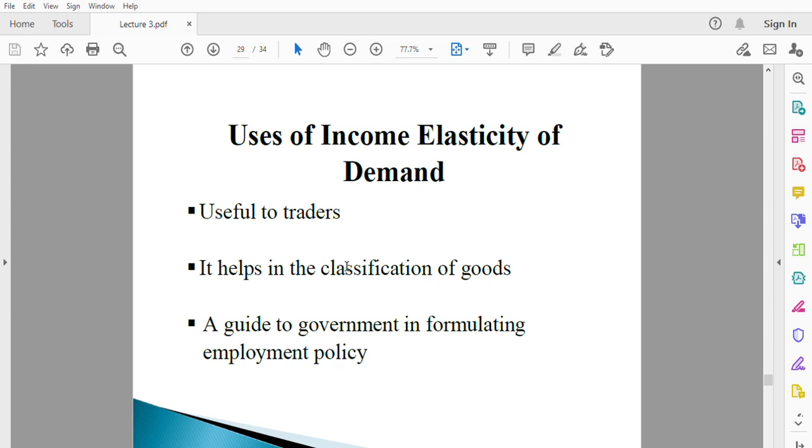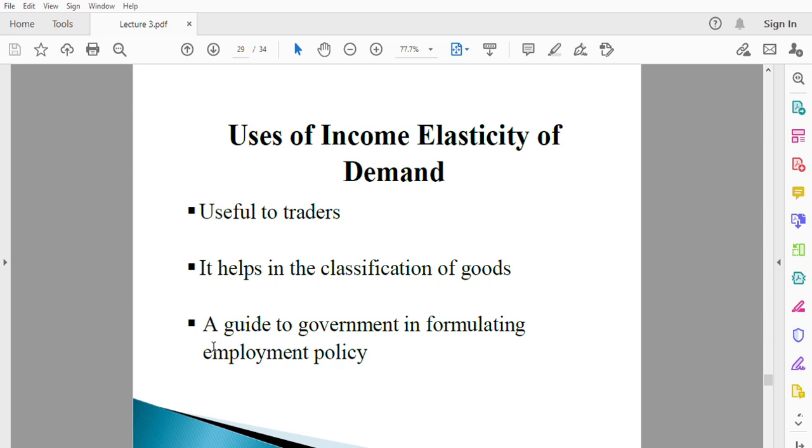It will help you classify your good to be either ostentatious, prestigious, normal, inferior, or even a necessity. It all depends on knowing the magnitude of the elasticity you calculate and the sign of the elasticity. So if you calculate and you get a negative answer, it means that your good is an inferior good. So you classify it as inferior.